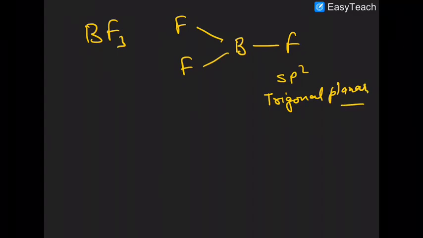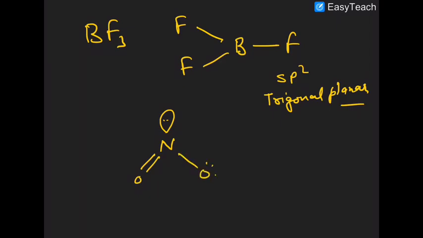But if a lone pair is present, let us suppose in NO2 negative, then it is bent shape. Why?